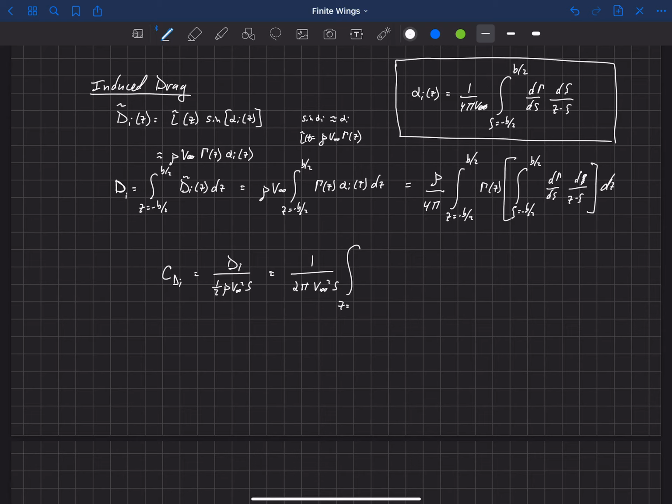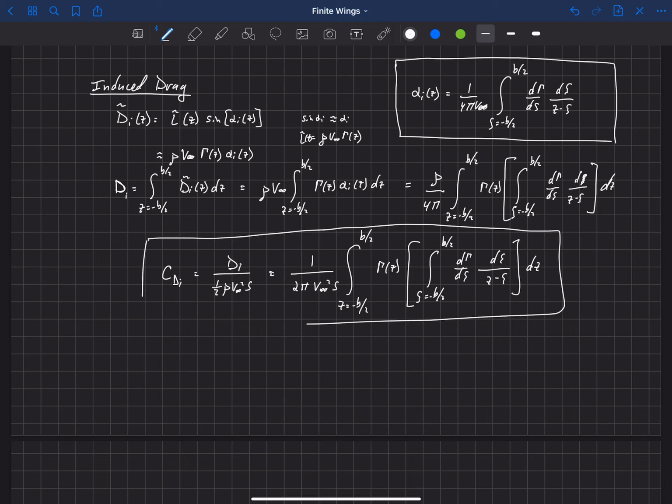The outside integral is from minus b halves to b halves of gamma of z, and then we've got an internal integral where we're integrating from zeta equals minus b halves to b halves of d gamma d zeta times d zeta over z minus zeta, dz. Okay, so this is the induced drag coefficient on the wing, and this is the actual induced drag.